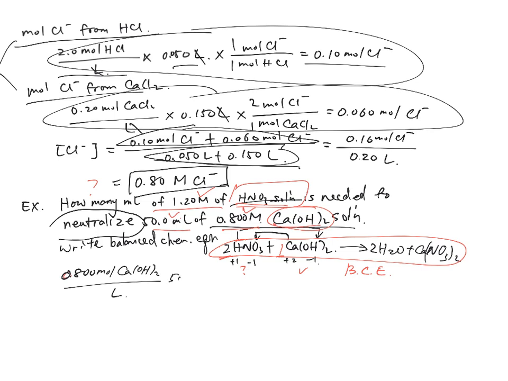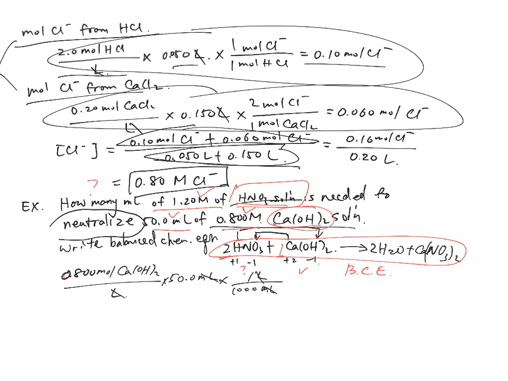Well, nothing, you can't even cancel it. But since it's a volume unit, I can always go 1,000 milliliters equals 1 liter, so milliliter cancels, liter cancels. Oh, these two conditions can give me the mole of calcium hydroxide.